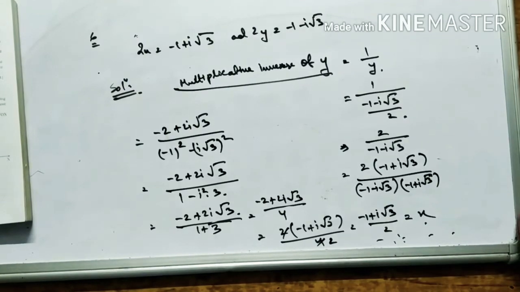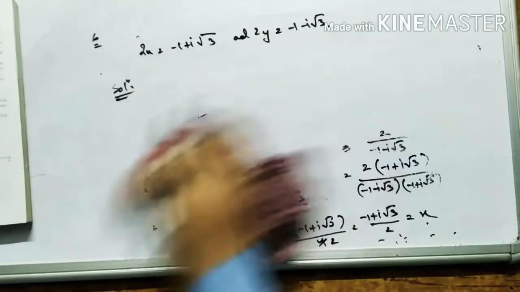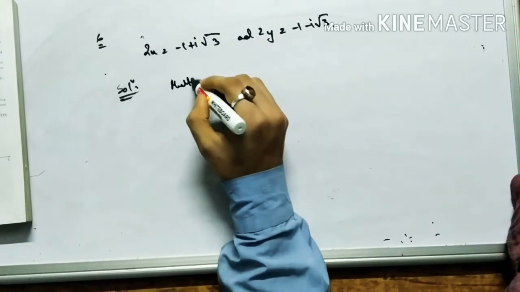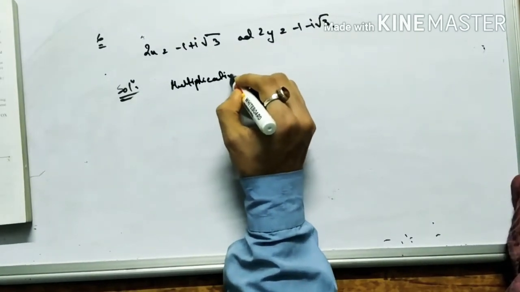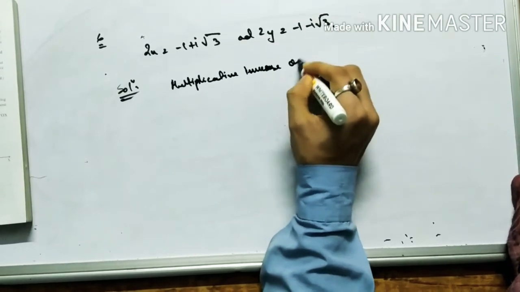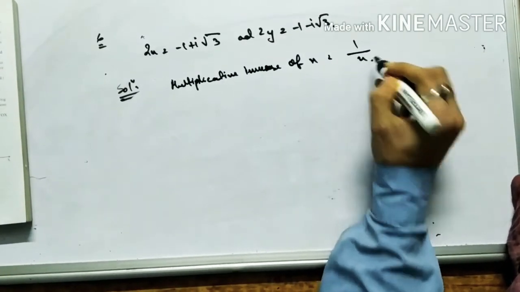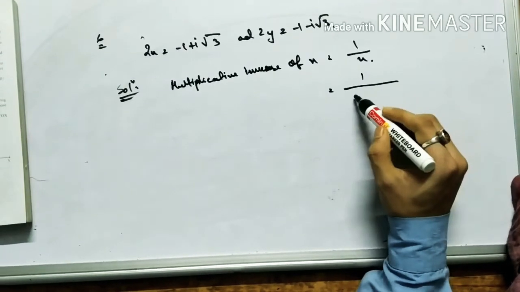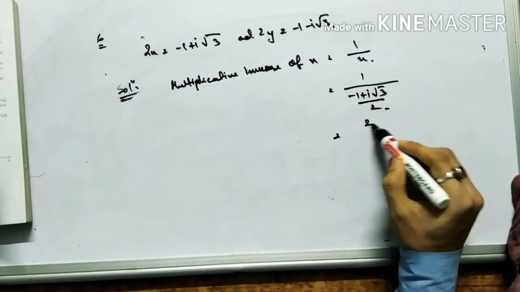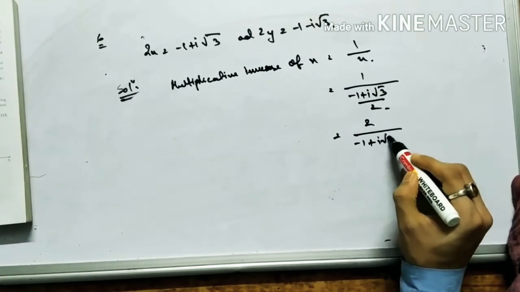Okay, now again the multiplicative inverse of x. Now I will do the multiplicative inverse of x, which is 1 by x. So this is 1 by (minus 1 plus i root 3 by 2), ultimately 2 by minus 1 plus i root 3.